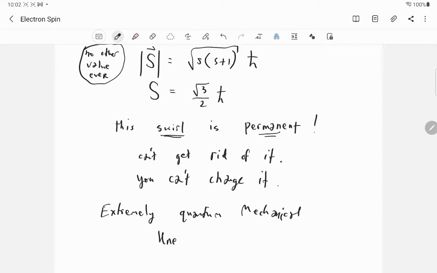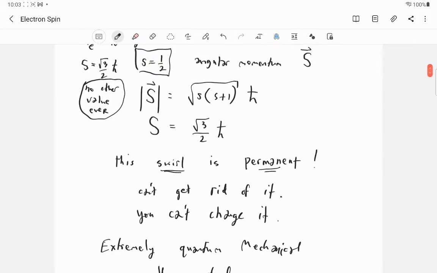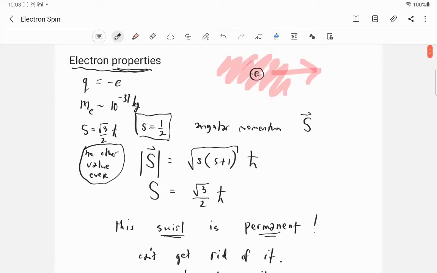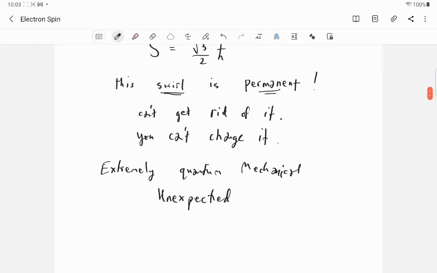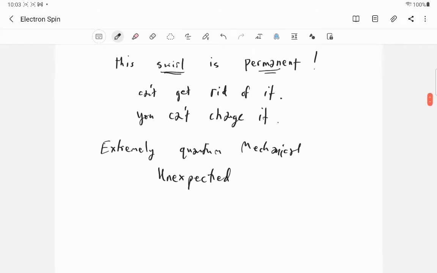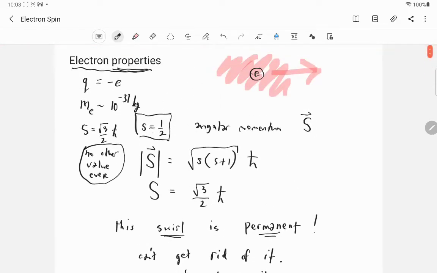It is unexpected. There is no classical reason for this property to exist. And this is incredibly interesting for an electron. It seems to be nature's truth that electrons are spin half and they have permanent angular momentum.